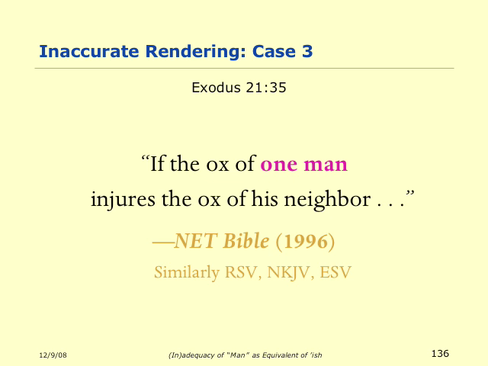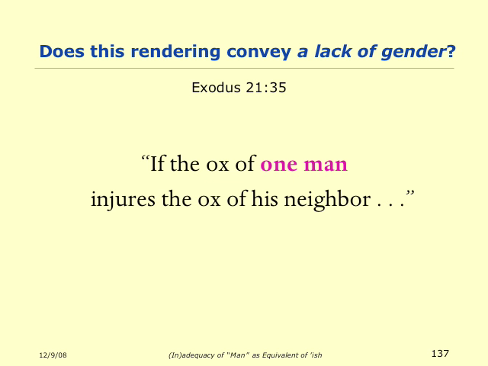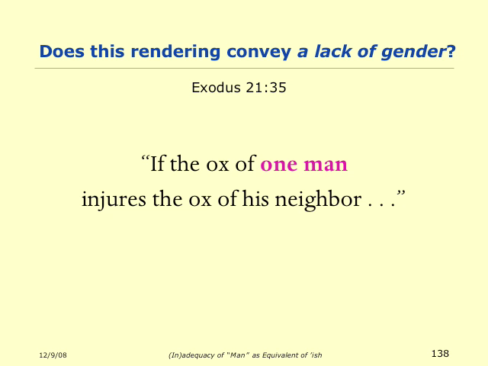A number of modern translations have rendered ish in this instance as one man. Does this rendering convey muted gender? No. For the past century or two, the first mental image from the word man has been a male one. According to what I find in Merriam-Webster's dictionary, this construction is not one of those that evokes the inclusive sense of as man.